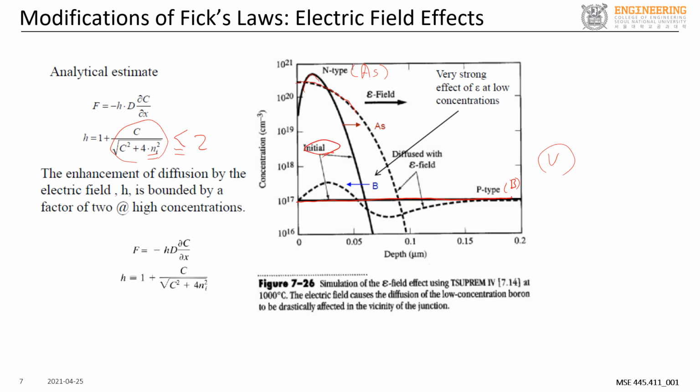So even after diffusion, they should stay flat, right? But as you can see, after annealing, it looks like it diffused like this. That's because you have a junction here between the N-type region and P-type region, and there will be an electric field which creates diffusion like this.